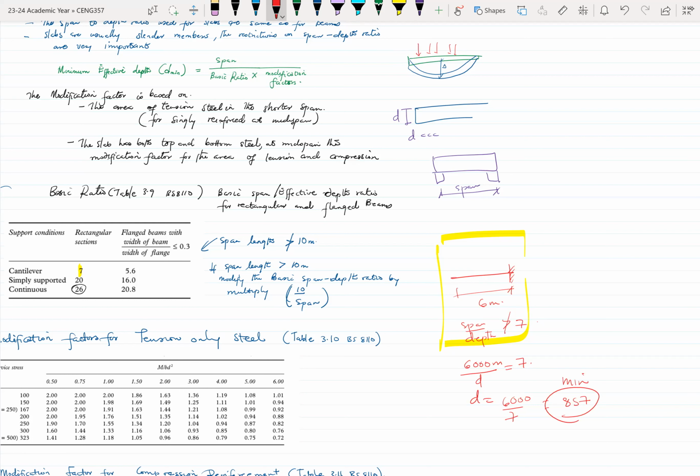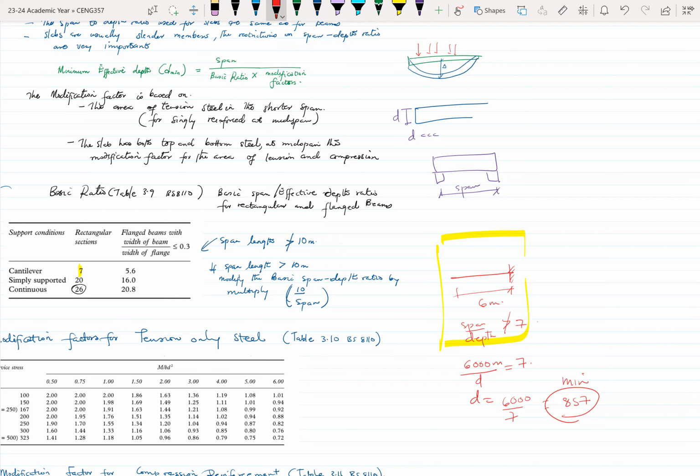Which means that we have to use a deeper section, and normally you wouldn't want your slabs going more than 200 millimeters in depth. Normally you can do more than 200 anyway, but if you want to avoid shear design, you would want to go below 200.